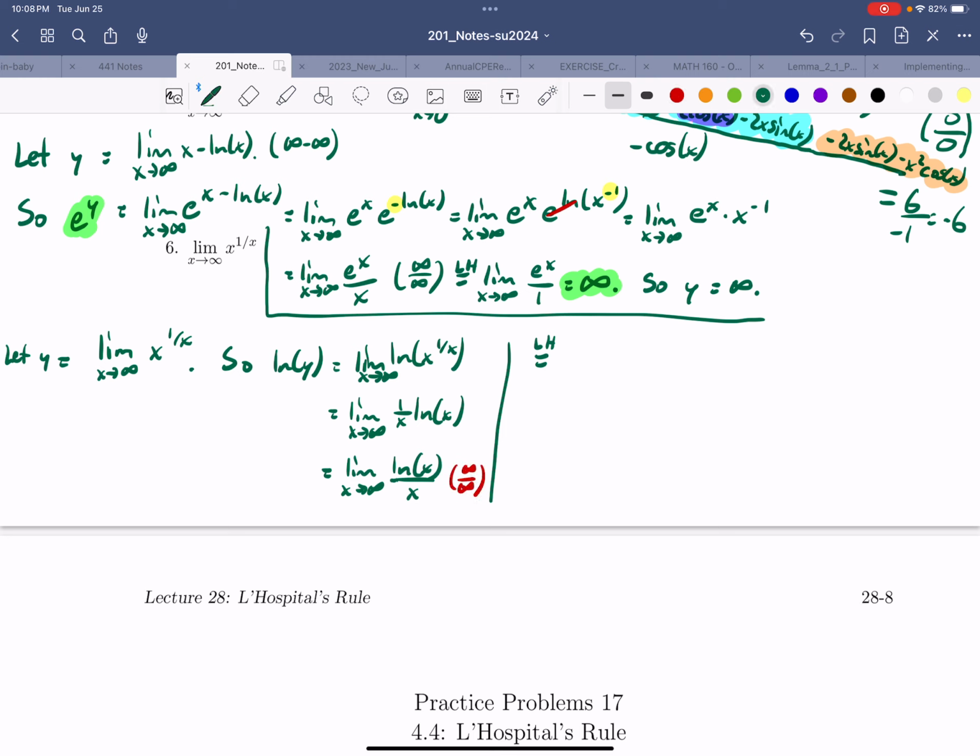So using L'Hopital's rule, we get the limit as x approaches infinity of 1 over x over 1, and that equals 0. So our answer is 0, right? Wrong. Y, the actual thing we were concerned about, y equals e to the 0, which equals 1. So it turns out our answer is 1.